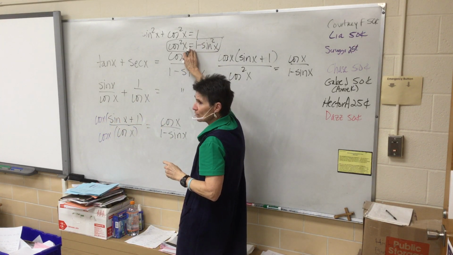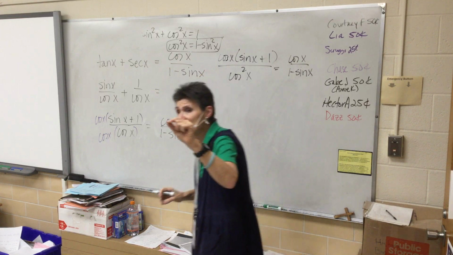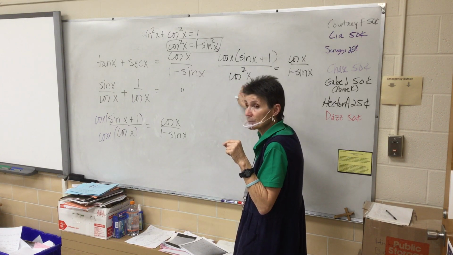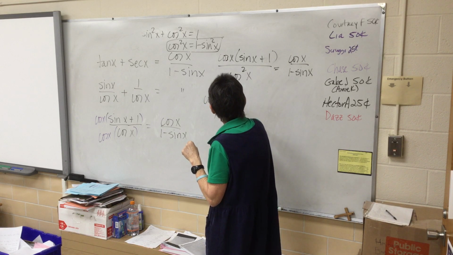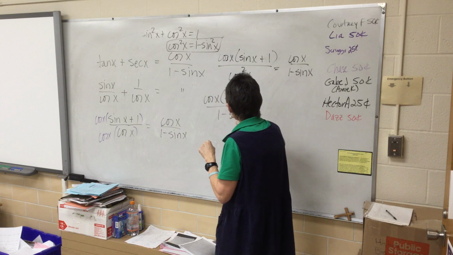So go ahead and write that on your sheet, because you've got to get used to recognizing that any squared function can be rewritten. So now I have cosine over sine plus 1 over 1 minus sine squared.